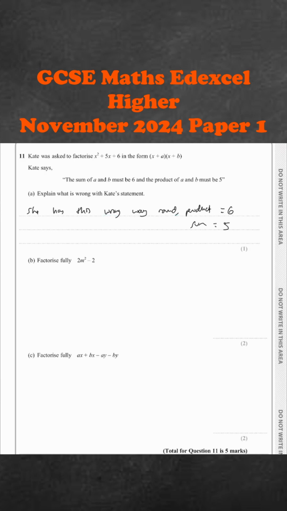Part B, factorise fully 2m squared minus 2. Well, straight away we can see that 2 can be taken out of these brackets, and we just have m squared minus 1. Now you can write m squared minus 1 as m plus 1 multiplied by m minus 1, and that is our answer.